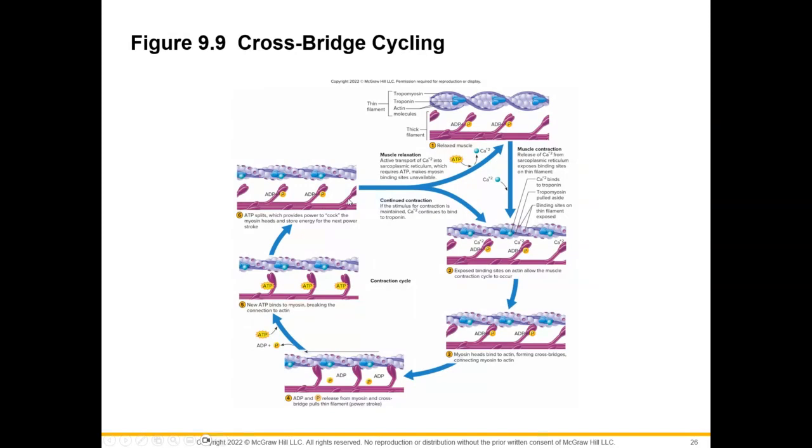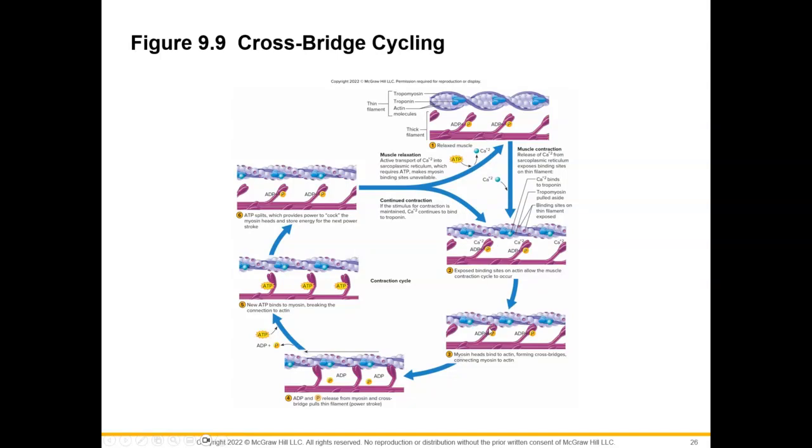Okay, the whole process starts over again, where ATP causes calcium to be released, which then causes the troponin tropomyosin to be removed, and then the ATP splits, which allows the heads to go up and grab the actin thin filament.